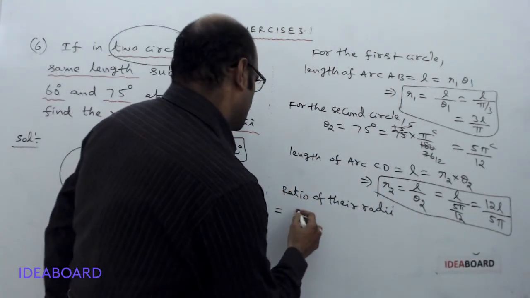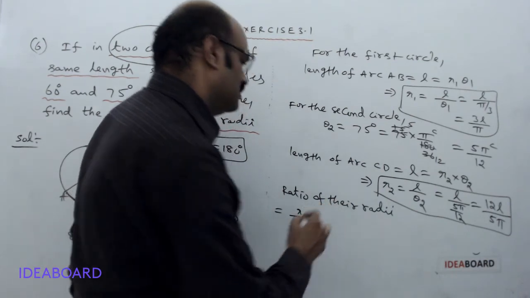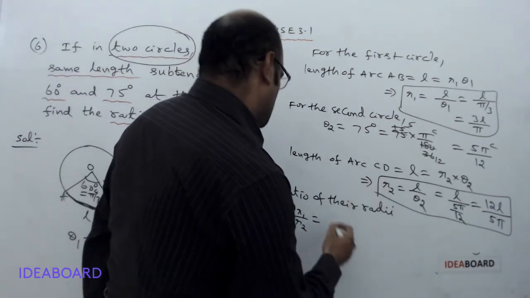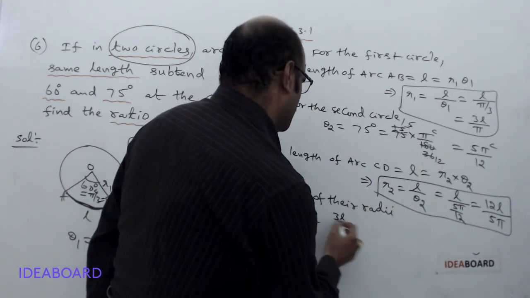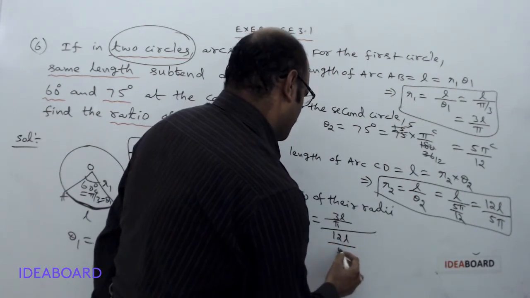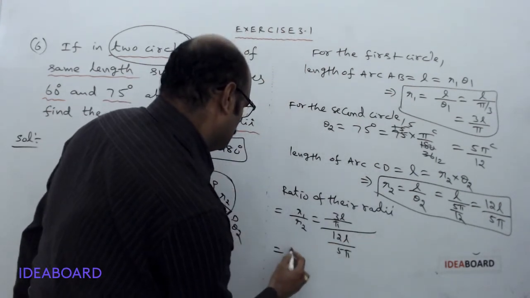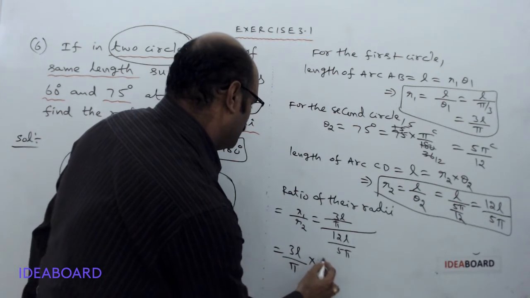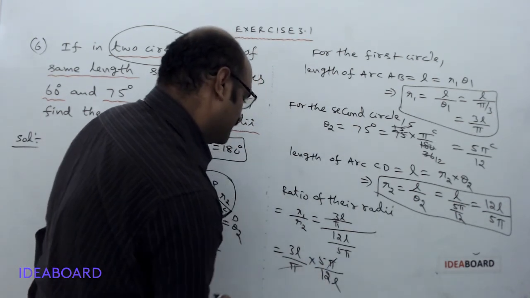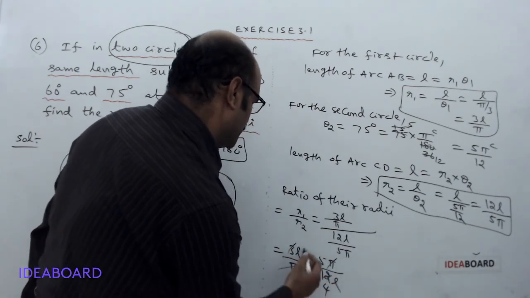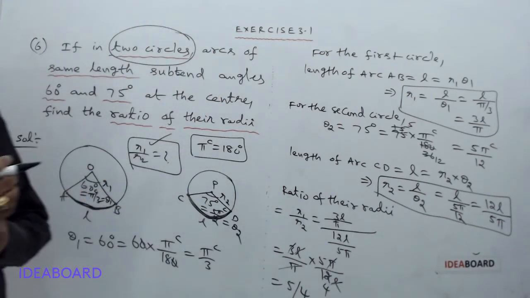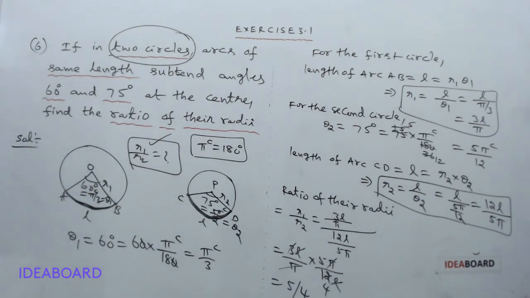Therefore R1 by R2 equal to 3L by pi whole by 12L by 5 pi, equal to 3L by pi into 5 pi by 12L. Pi pi cancel, 3/4, L L cancel, so we are getting 5 by 4. Therefore the ratio equal to 5:4.